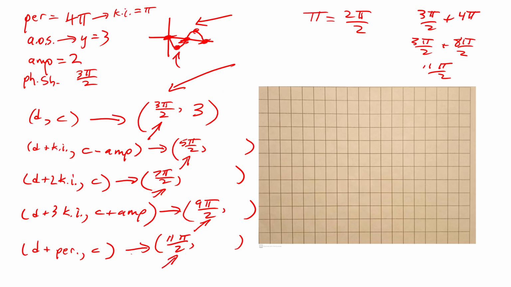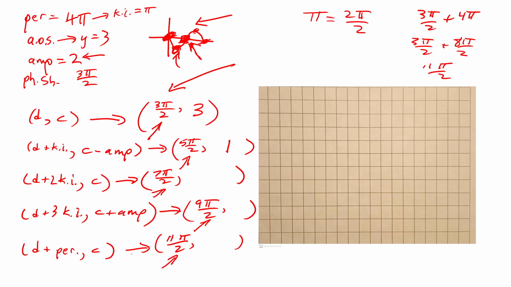Now, our c value is 3. Our second point is going to be c minus an amplitude. In other words, it's going to be 3 minus 2, which is 1. And then our third key point, and it's a little tough to see now, but going back to this graph right here, that third key point, the one I'm pointing to right now, that's back on the axis of symmetry.